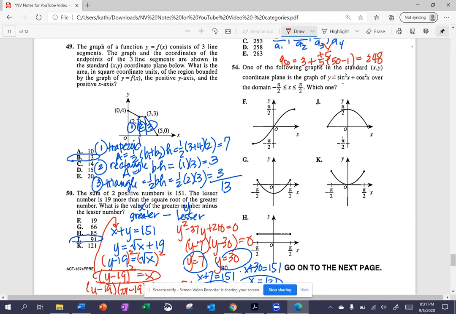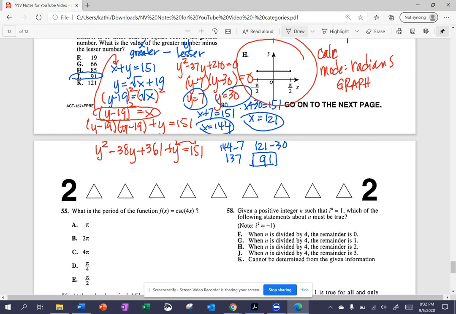So in your calculator, you want to make sure you're in radians. And you're going to type in y equals. And when you take a look at the graph, you will see H. All right.